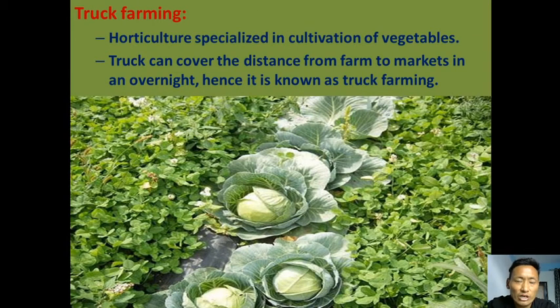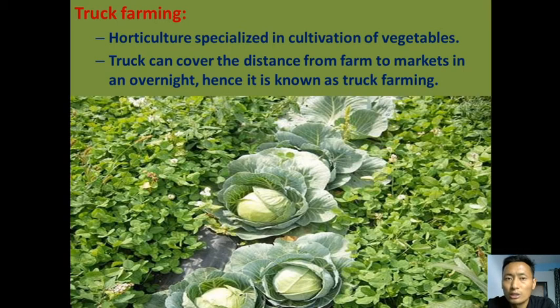Next is truck farming. What is meant by truck farming? Truck farming is a type of horticulture, but in truck farming they are specialized only in the cultivation of vegetables. In market gardening we are cultivating fruit, flowers and vegetables, but in truck farming they are cultivating only vegetables.